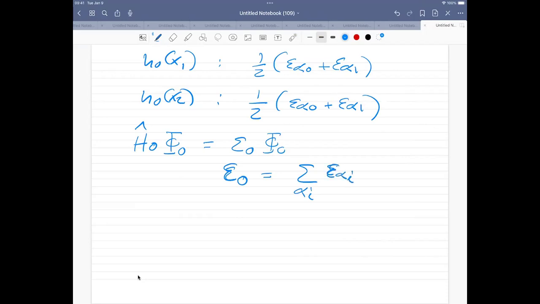So this is a lowercase because it represents a single particle state, and the uppercase is now the energy of a many particle state. So that means that the basis we have chosen is an eigenbasis of H0 for 2 particles. And then after the break, we're going to show that this is the same for many particles.